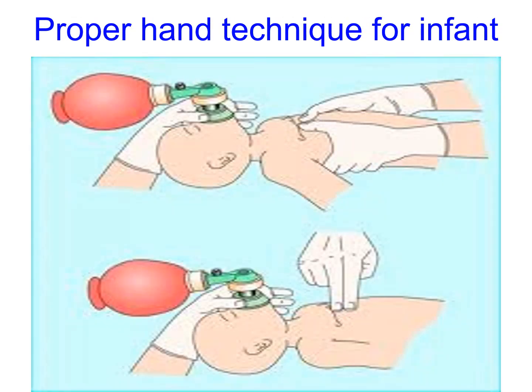For the chest compression technique for an infant, there are two techniques. The first one is called hand encircling technique. The responder uses both hands to encircle the infant's chest, and both thumbs are placed in the center of the chest and lower half of the sternum to provide compression.